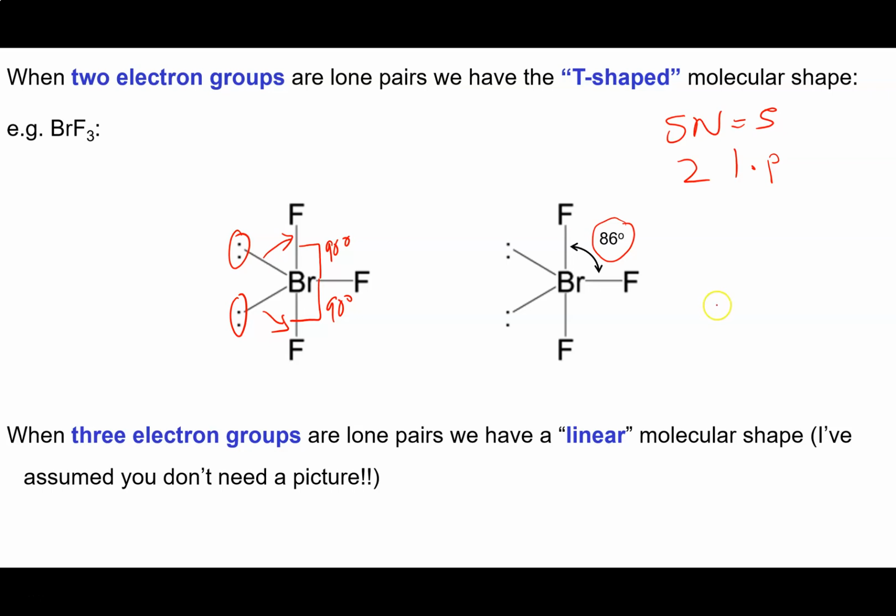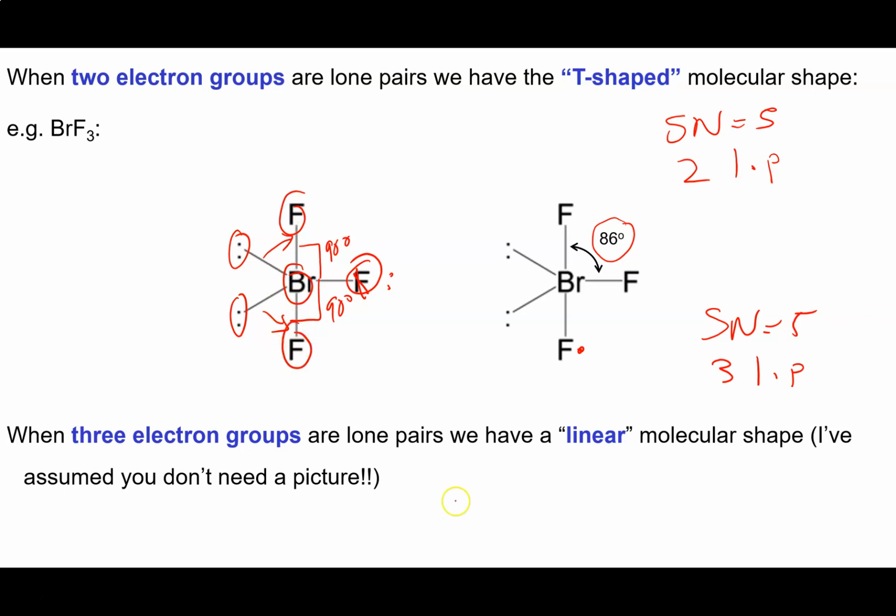Now, if we had steric number equals 5 and 3 of our electron groups were lone pairs, then you can just see that what we're going to end up with is it's going to go in here. It's kind of easy to see on this molecule. It's going to go in there, and we'd be back to a linear arrangement, wouldn't we?